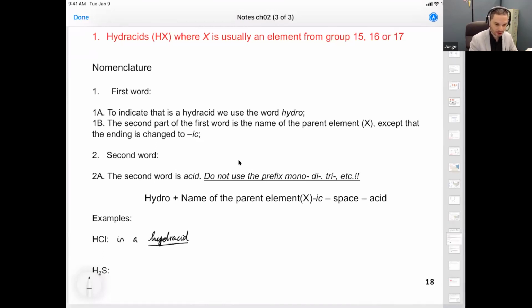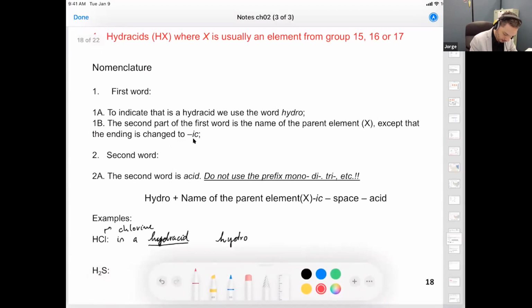Follow the instructions here. First word is hydro. Hydro is going to be followed by the name of the element, except that the ending is changed to IC. So we have here chlorine. Therefore, we are going to add the name of the element.